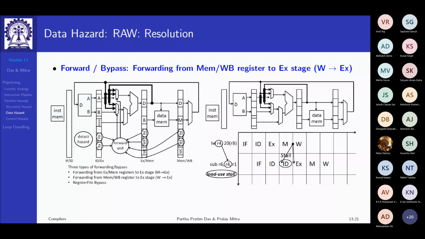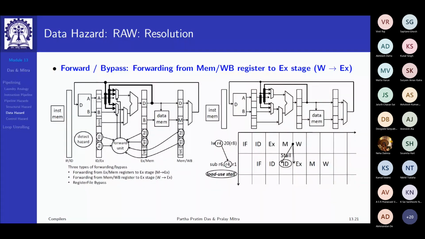The other case happens in a situation where you have a load and a subtract after that. You have a load of 20(R8), which is an indexed address.